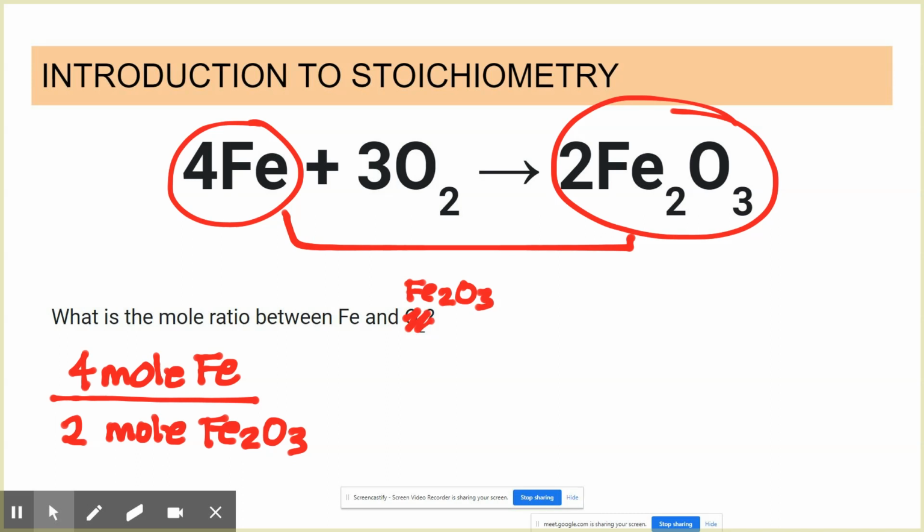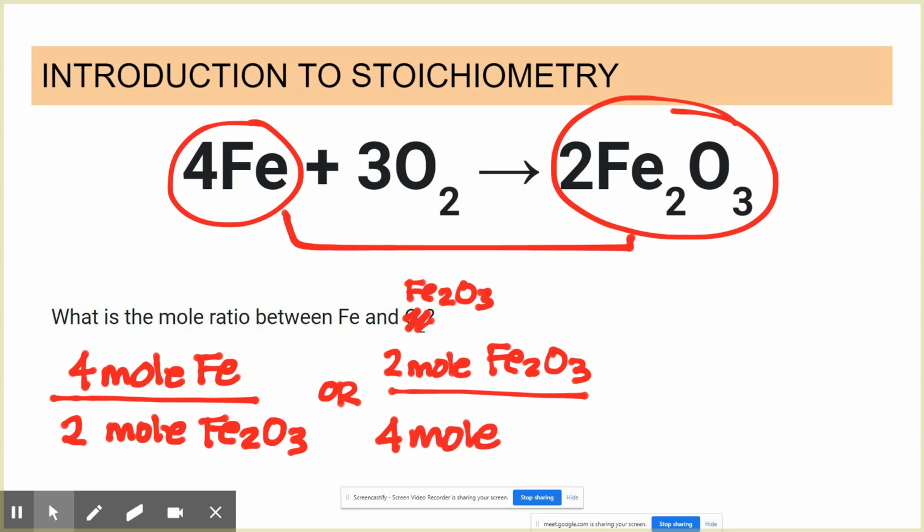And again, since it's a ratio, you can flip this over: for every 2 moles of Fe2O3 that is produced, we use up 4 moles of Fe. Someone's going to notice this and say, "Mr. Chua, can't we just say for every 2 moles of Fe, we use 1 mole of Fe2O3?"